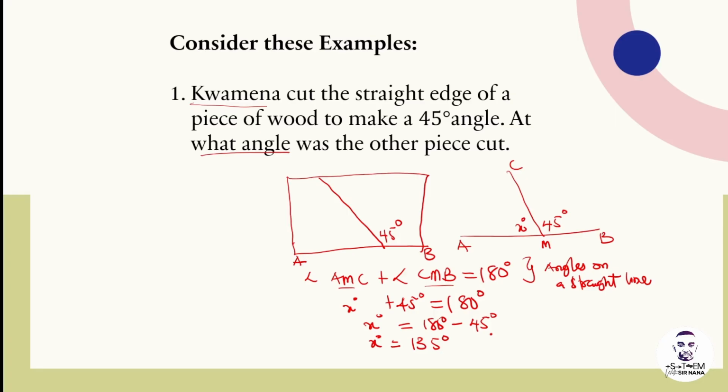So we can conclude that the other angle is 135 degrees. So it is up to us to be able to visualize a question when it's given to us in real form, like when it's talking about things that we do all the time. Visualize it, draw it out, and it becomes clearer mathematically, and we are able to solve it.